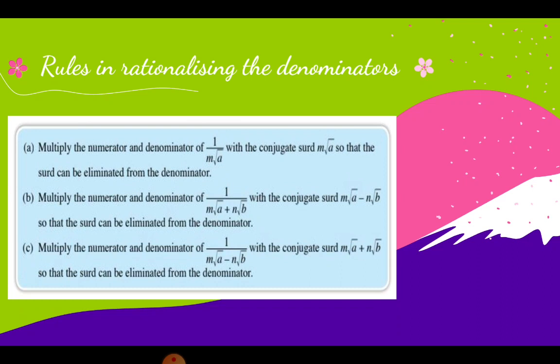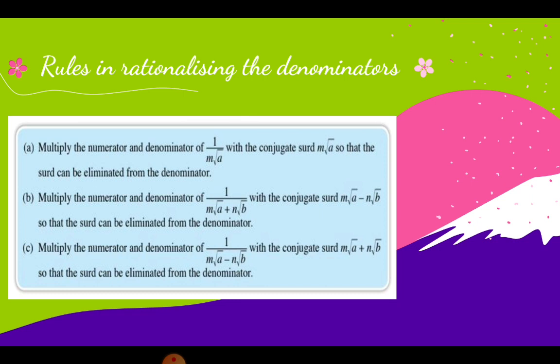The second one: multiply the numerator and denominator of 1 over m surd a plus n surd b with the conjugate surd m surd a minus n surd b. And the last one: multiply the numerator and denominator of 1 over m surd a minus n surd b with the conjugate surd m surd a plus n surd b, so that the surd can be eliminated from the denominator.